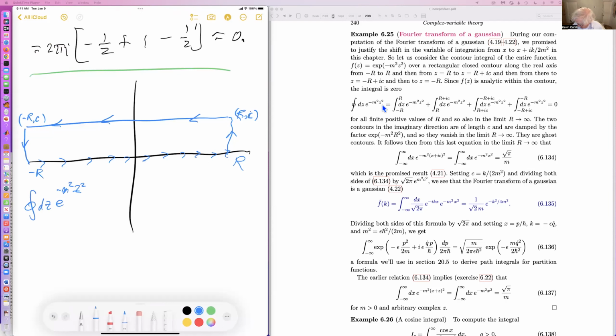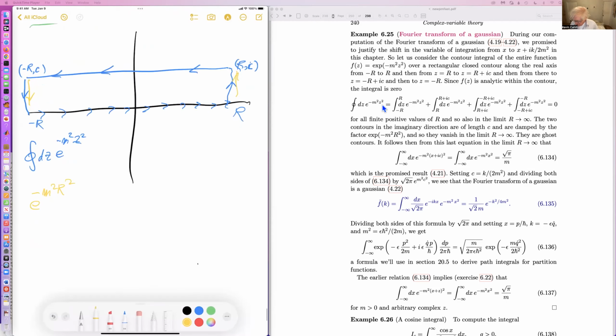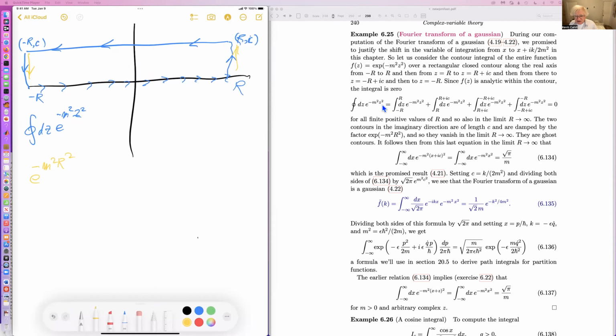Well, right away, on these vertical lines here, these are two ghost contours of length c. And the reason they're ghost contours is that the function is essentially e to the minus m squared r squared, apart from small contributions due to the fact that z has some imaginary part.